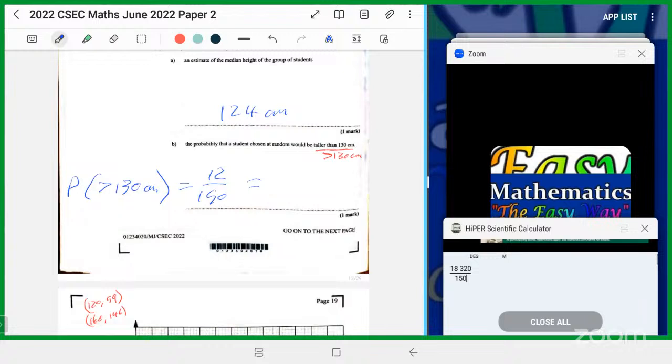It becomes 2 over 25, dividing by 6. Yes, sir.